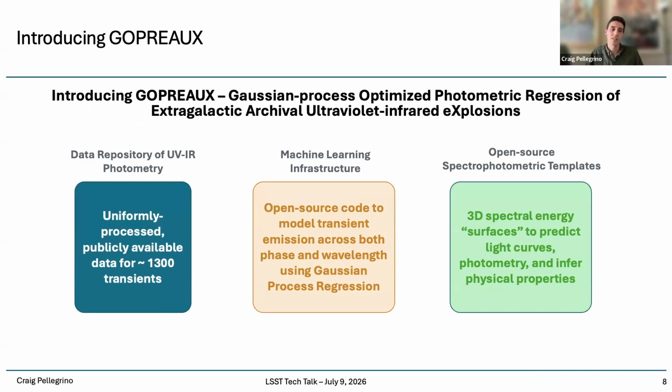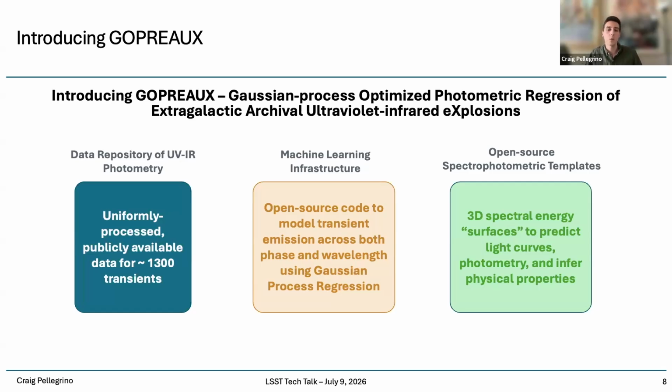First, we have this data repository where we have uniformly processed ultraviolet to infrared photometry that's all publicly accessible, covering about 1,300 different transients. Second, we have this open source code that will allow users to model this photometry that we've already processed across both phase and wavelength simultaneously using Gaussian process regression frameworks, which I'll cover a little bit later.